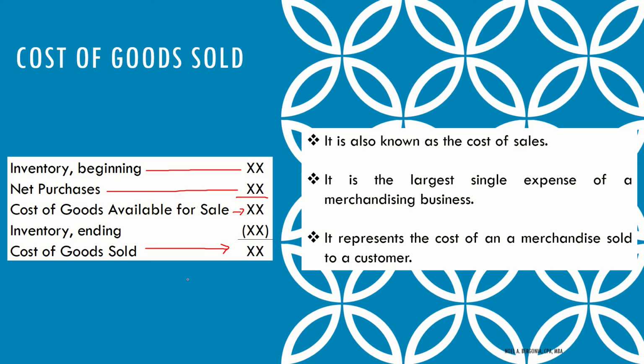And typically, wala po tayong ganito sa service kasi nga we do not sell naman po products that we bought in service business. So, ayan po yung formula natin, and mamaya po, we will dig deep actually doon sa net purchases kasi yun po yung part ng discussion natin. Yung beginning inventory and ending inventory, we will be discussing that further, saan nanggaling yung mga amounts na yan pagdating po natin ng adjusting entries for merchandising business. Okay? So, are we clear?